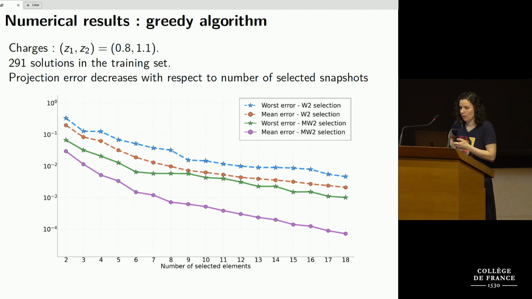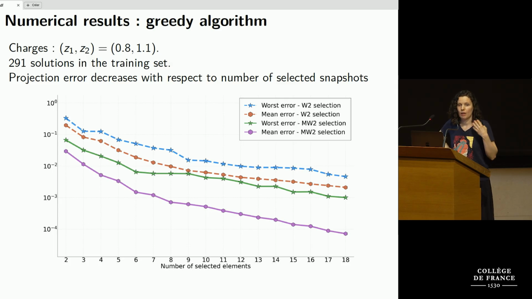What we see, interestingly, is that here in red we have the error when we select with respect to the Wasserstein distance, and in purple we have the error when we select with respect to this modified mixture Wasserstein distance. The two plots are both measured in Wasserstein distance. And what we see is that, very nicely, we gain more than 1 order of magnitude in the error when we select with respect to the mixture Wasserstein distance.